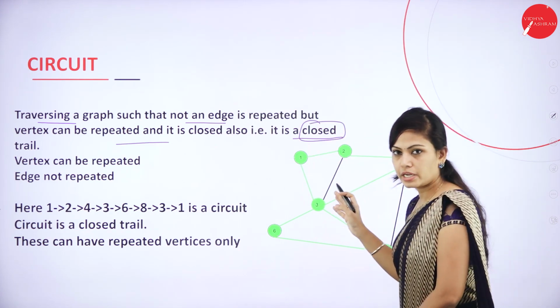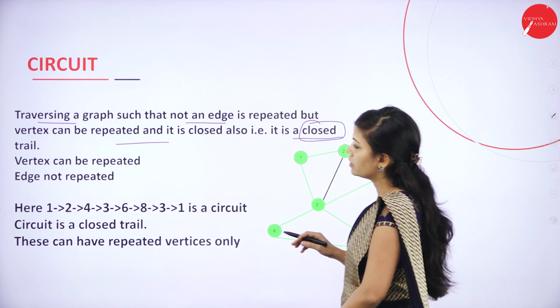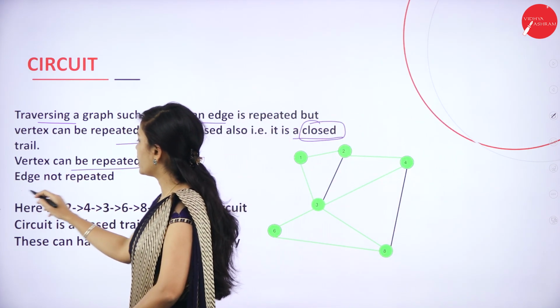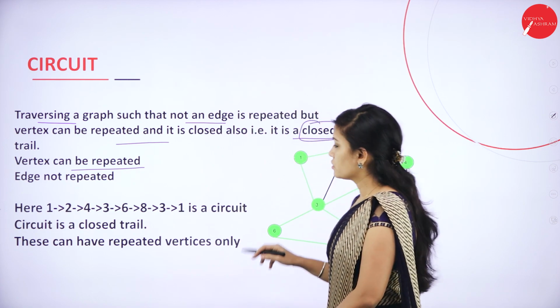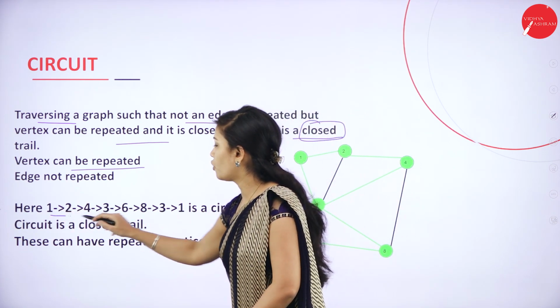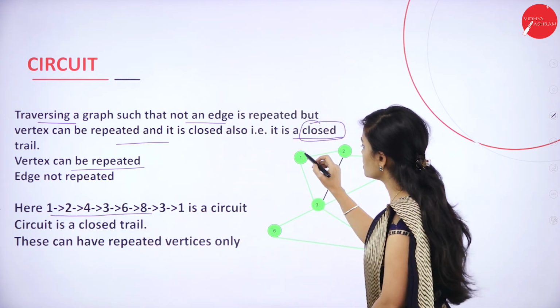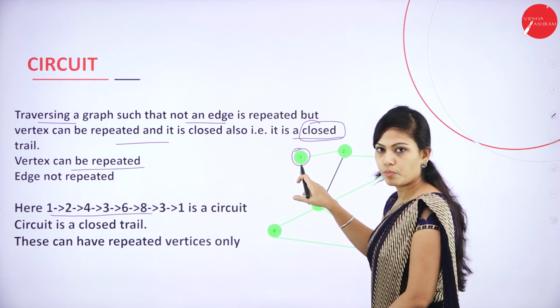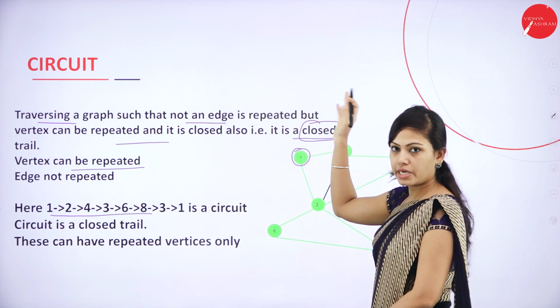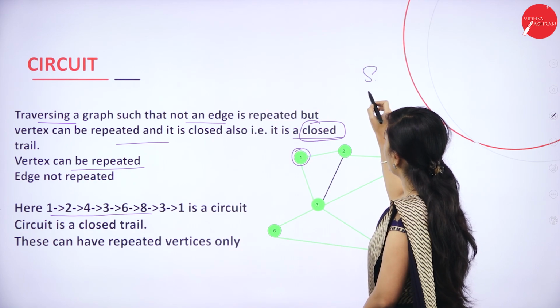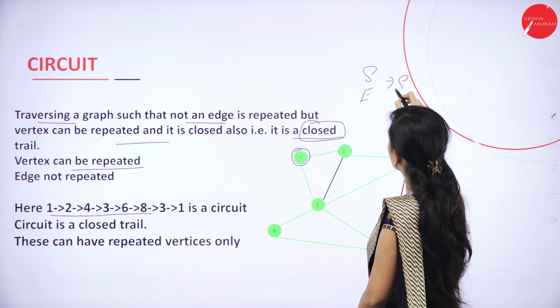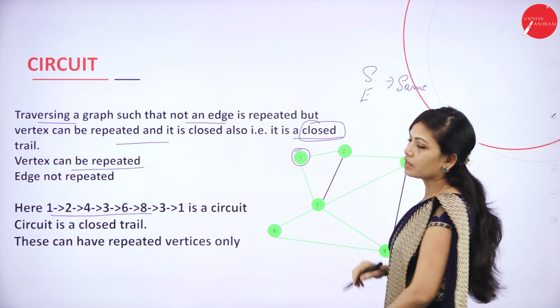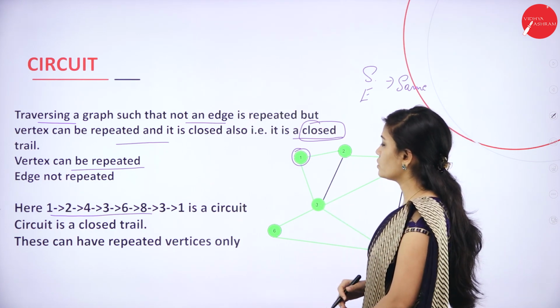Clear? So you can observe this diagram here. Vertex can be repeated, edge not repeated, right? So now, how to form a circuit? You just observe this. Starting point is 1. So in a closed trail, starting point and ending vertex should be the same. Then only we can say it is a closed trail.